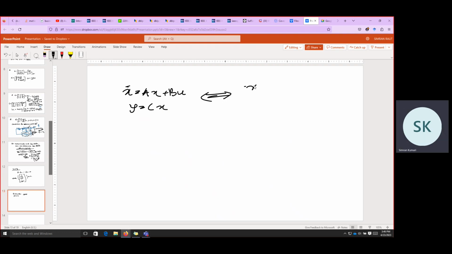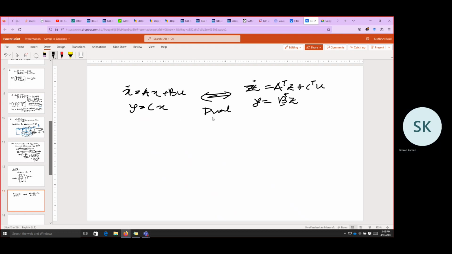We have this dual system, which is z dot equal to A transpose z plus C transpose u, and y equal to B transpose z. I'm not confident about this exact form, but this is the overall thing. These are the dual systems.